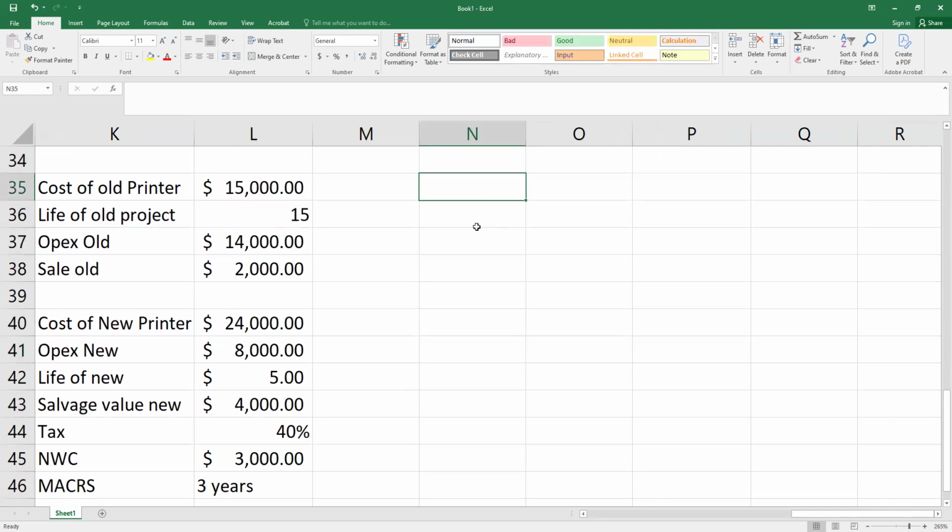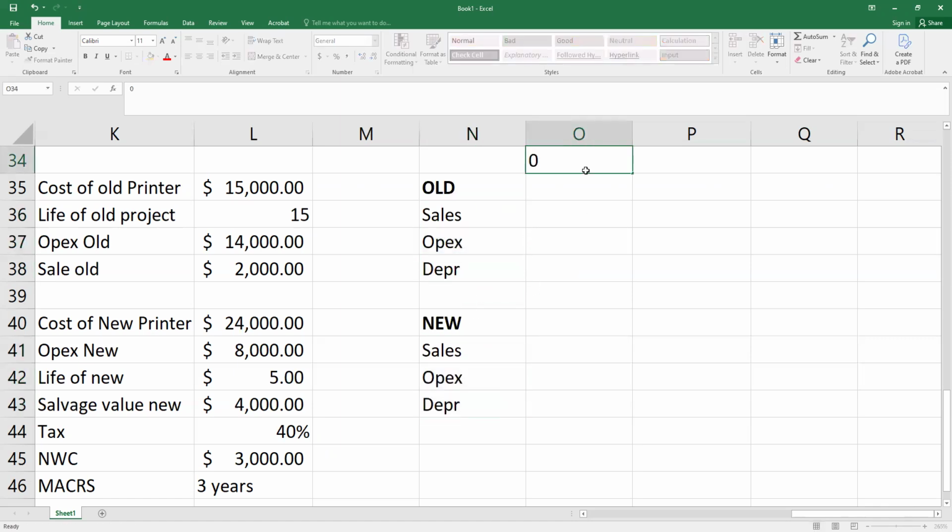Otherwise, so we have old sales, OpEx, and depreciation. And we have new, again, there's 3.